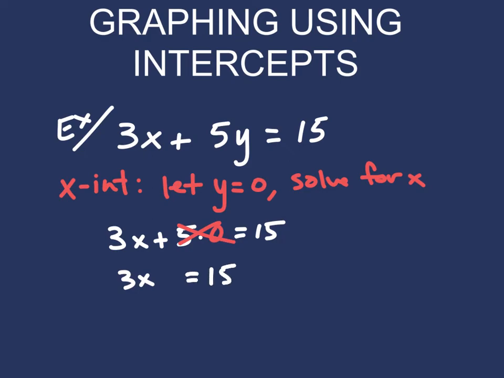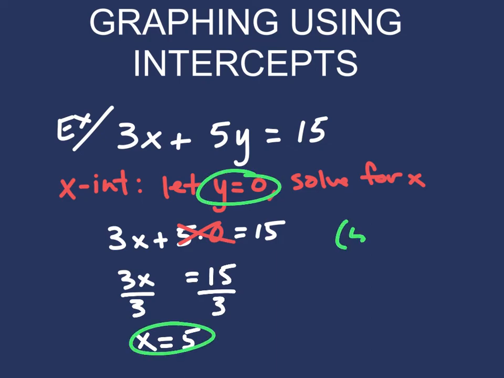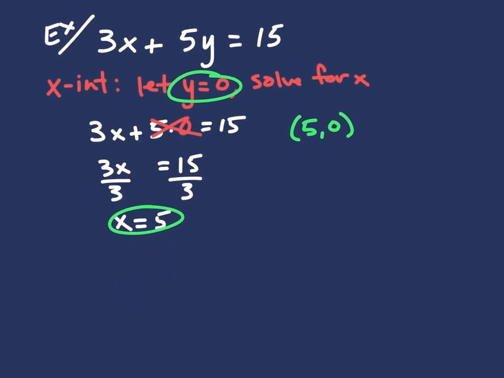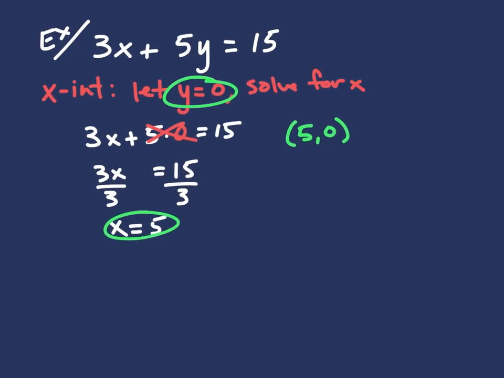We divide both sides by 3, and you get that x is equal to 5. So when y equals 0 and x equals 5, you can write that as the point 5, 0. That's what we would do for the x-intercept.